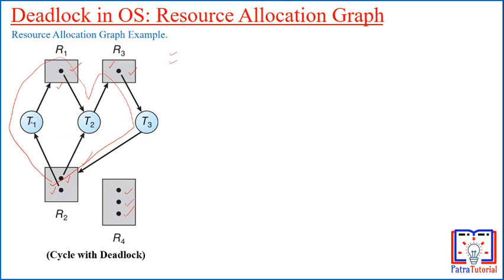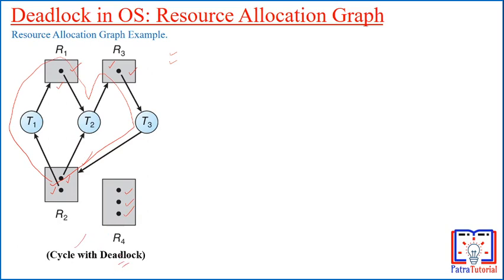So all the processes are holding something and waiting for something, and the instance they are requesting is already held by some other process, so they will keep waiting forever. So this is in a deadlock state. One cycle is there and the system is in deadlock state.